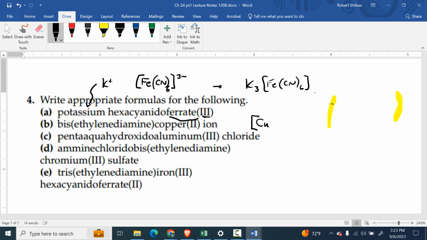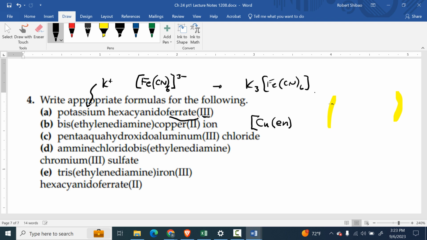Okay, then we'll do the ligands. So what is the ligand name? Ethylene diamine. What is the ligand formula? En. So you're allowed to use the abbreviation here in the formula, not in the name. And how many ENs do we have?